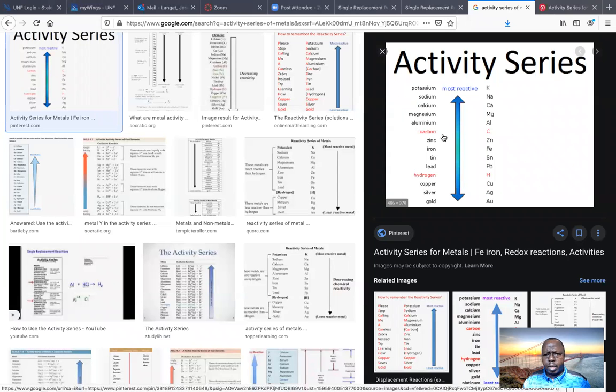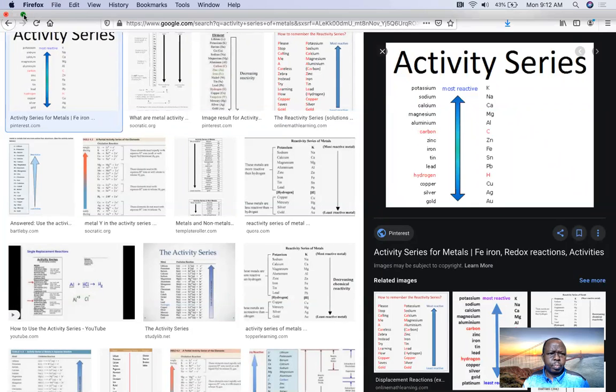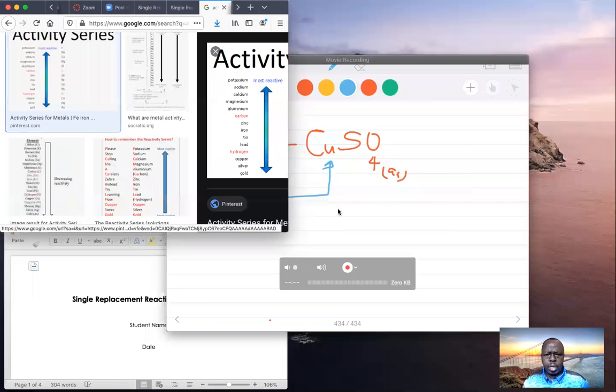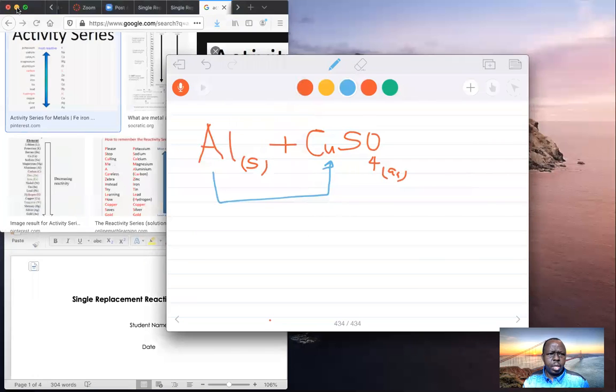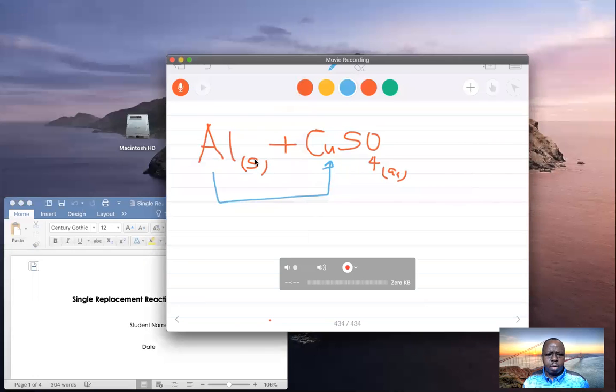If you look at the screen, we have aluminum at the top compared to copper below here. So it's going to replace copper in this reaction.